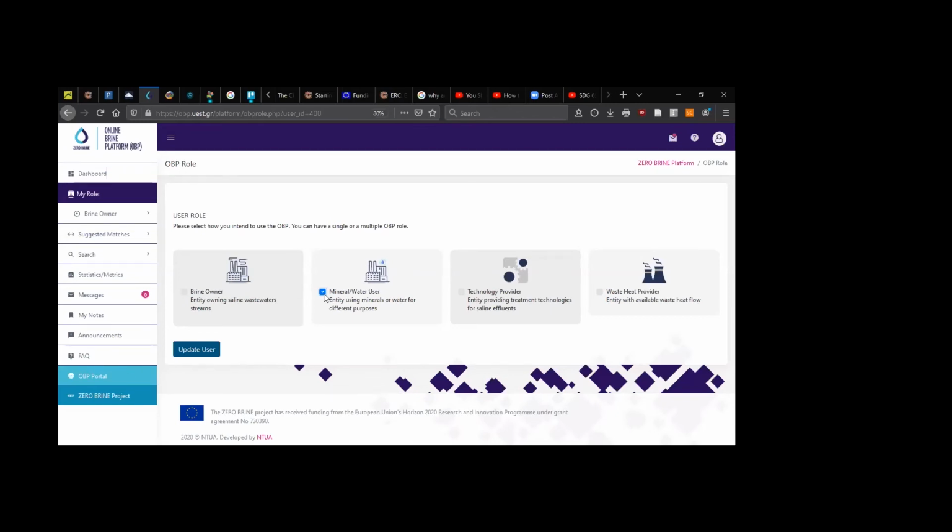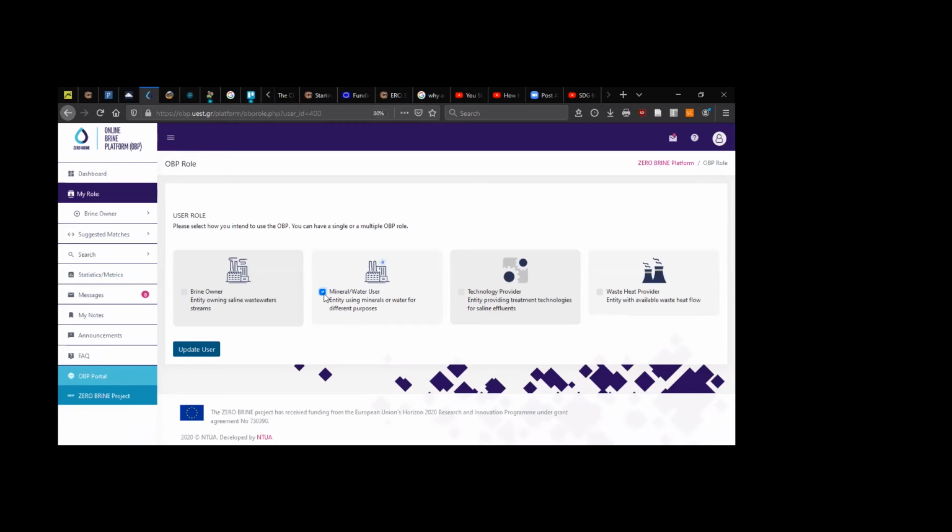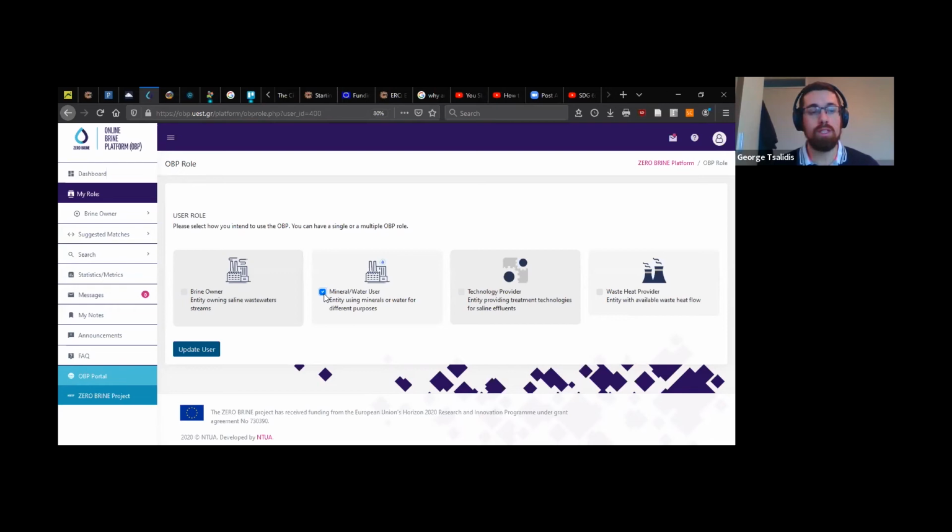But why would you not select all the potential stuff to recover from that brine? Yeah, I think I selected all the potential. So this depends on the composition of the brine. In this proxy, I said that I have only these three materials, and the rest can be water. So it depends on the composition of the brine, and on the process that's producing the brine, the feed water, etc.